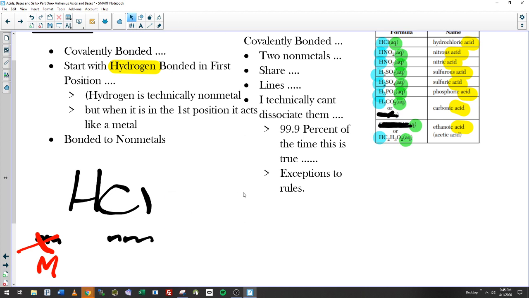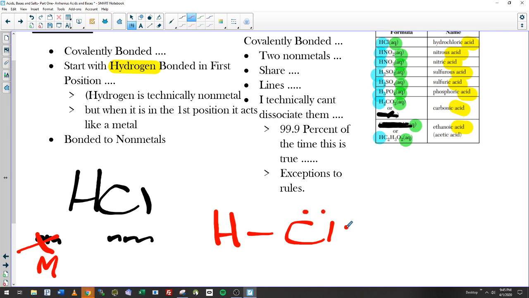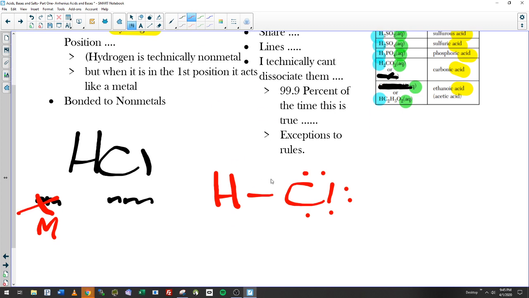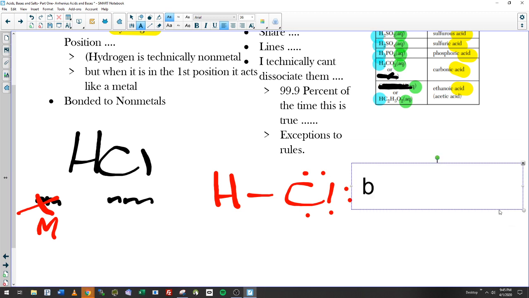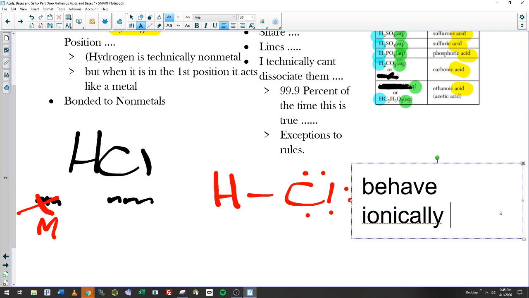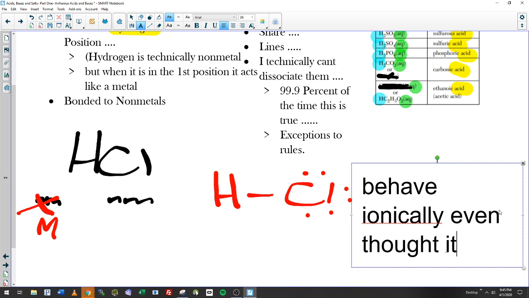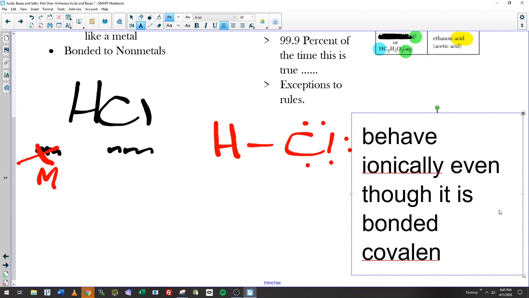If I were to draw this, I would technically have a line between the H and the Cl, because technically the valence electrons are shared. But this guy is behaving like a metal, which means that there's an interesting thing going on here. This is going to behave ionically, even though it is bonded covalently.